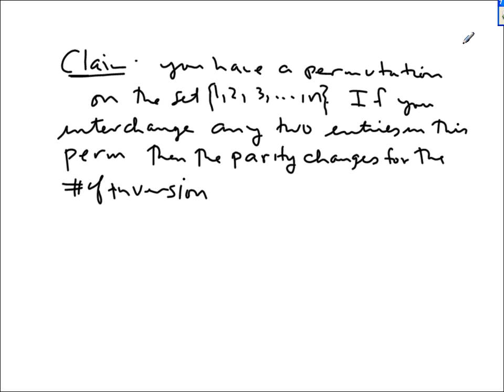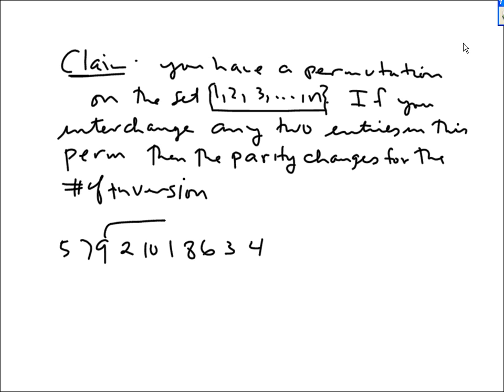That is, if you have a permutation 1, 2, 3, 4, 5, 6, 7, 8, 9, 10. That's the permutation on 1 through 10. N is 10. Our permutation has a number of inversions, which will be odd or even.